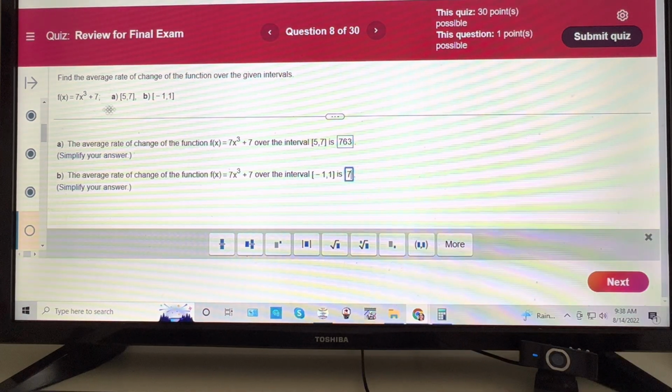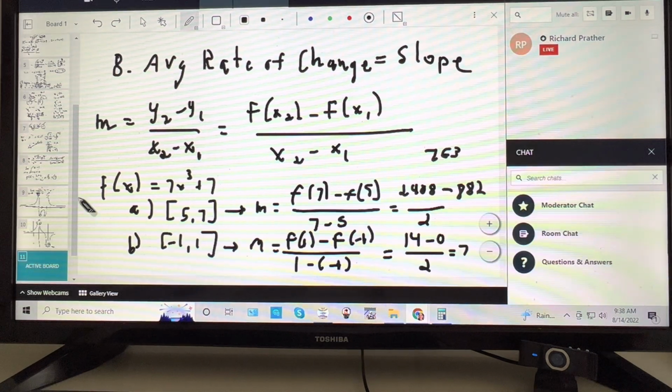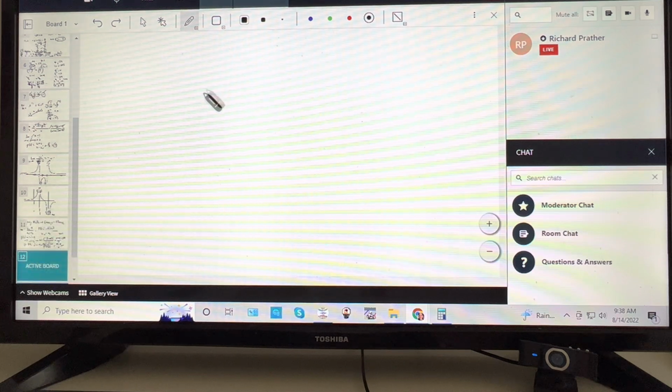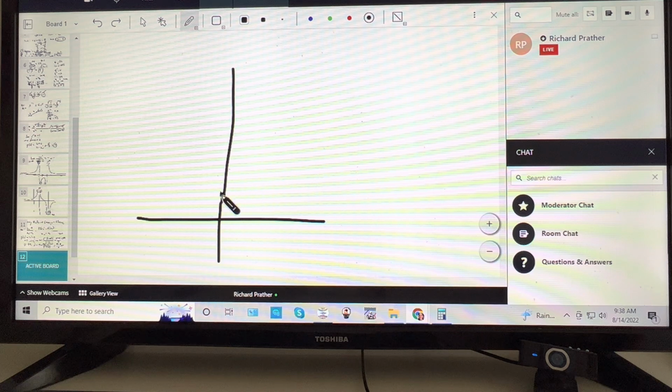And not only is this a cubic function, it's got a vertical stretching times 7. It already goes up fast, and then there's a vertical stretching. So what these two answers are saying is you have a shift up 7, and then you have a cubic that's vertically stretched by 7.